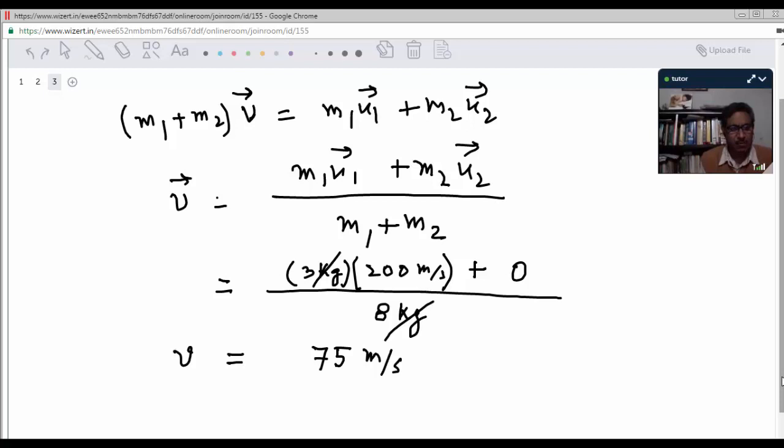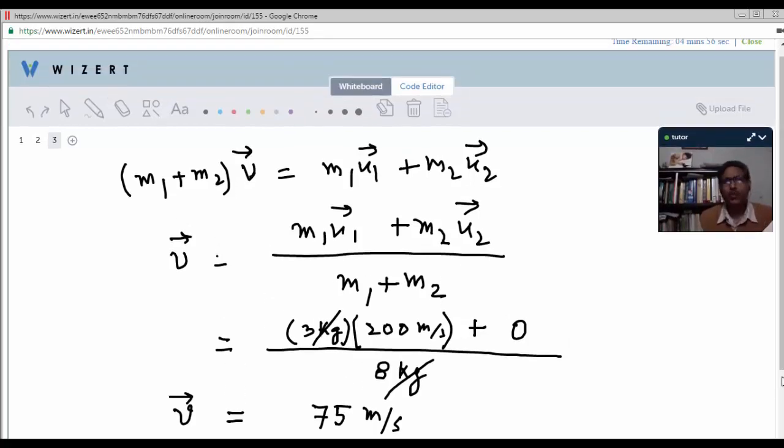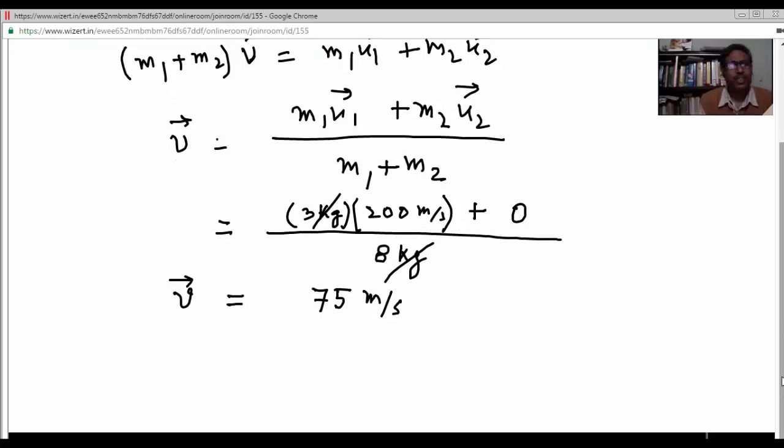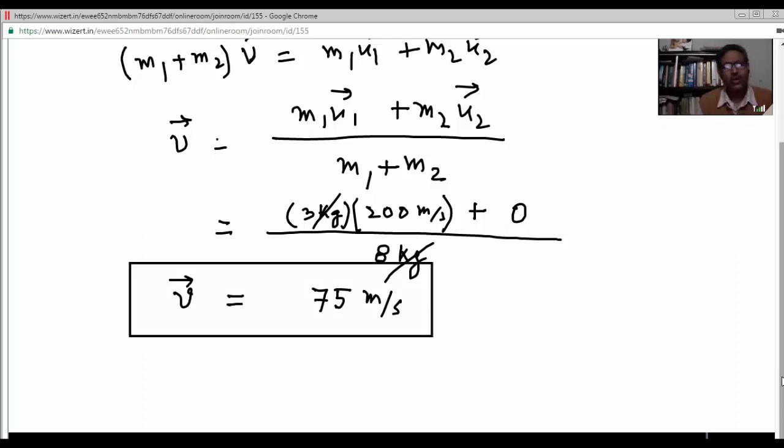And see, it is a positive quantity. That means it is similar in sign to u1. And you know u1, the initial velocity of the body, was 200 meter per second, and that was towards the east. So here the positive quantity indicates that this velocity is also towards east. So we have got the final velocity of the combined body, and it is moving at 75 meter per second.